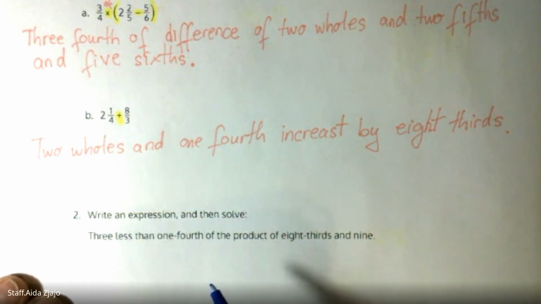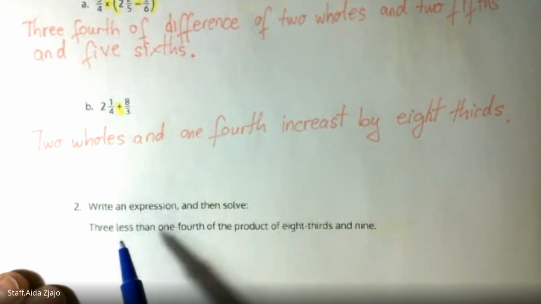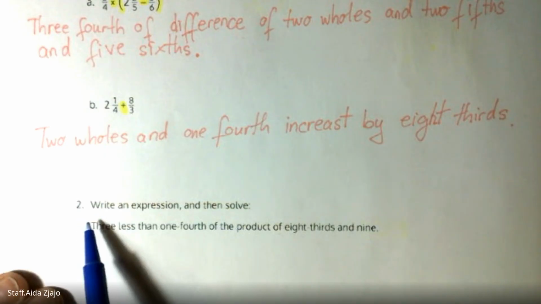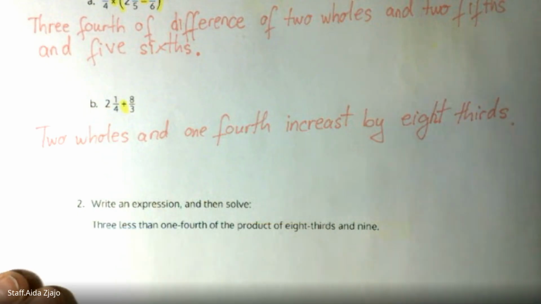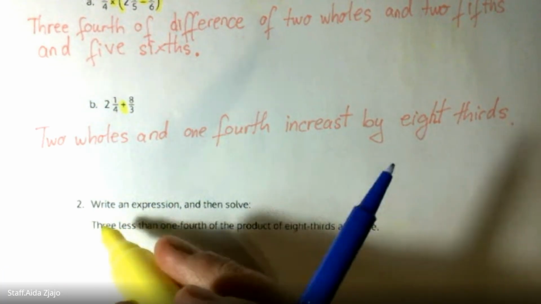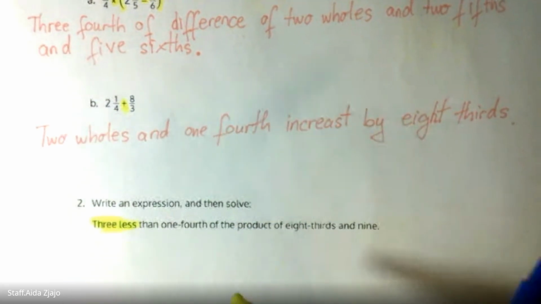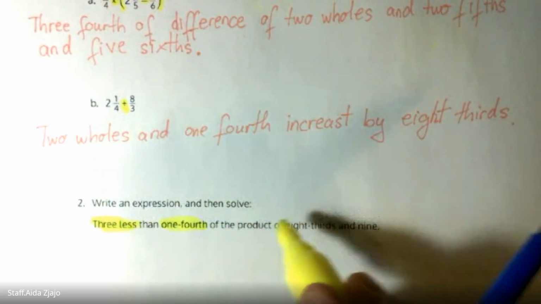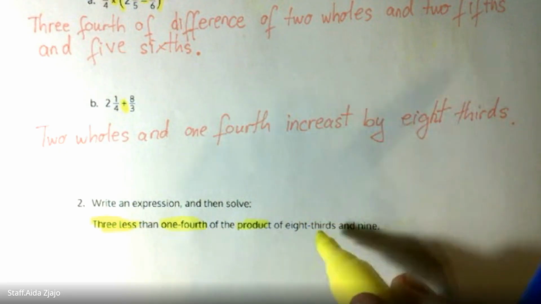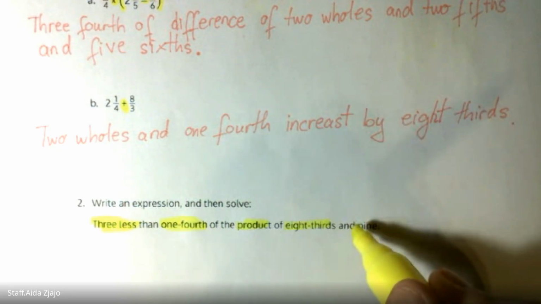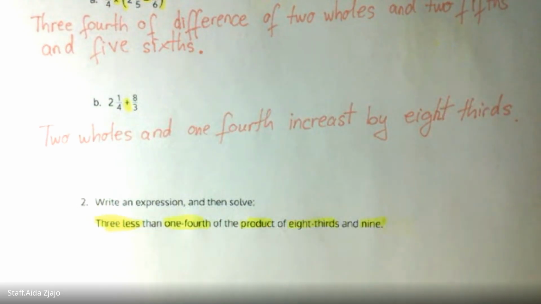Now this was 2A and B, and then there is also number 2: write an expression and then solve. It says 3 less than 1/4 of the product of 8/3 and 9.